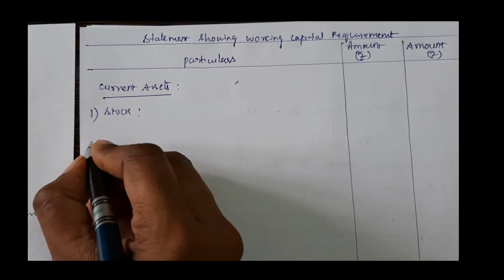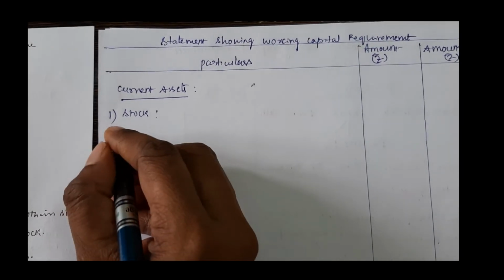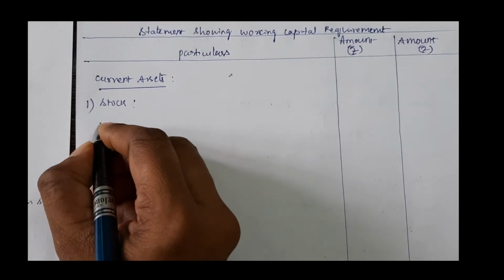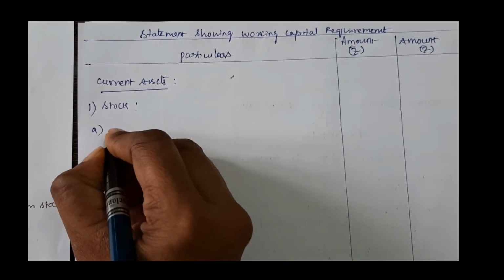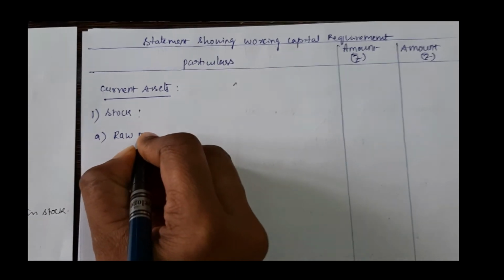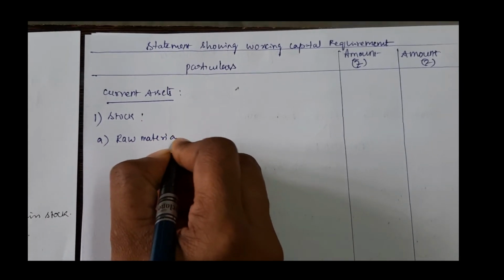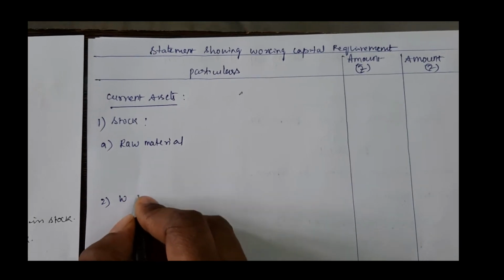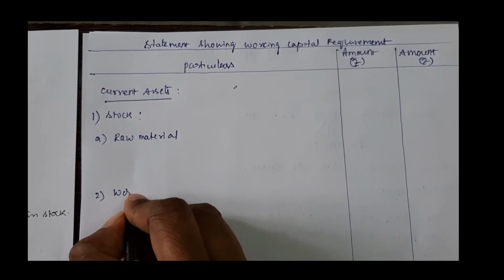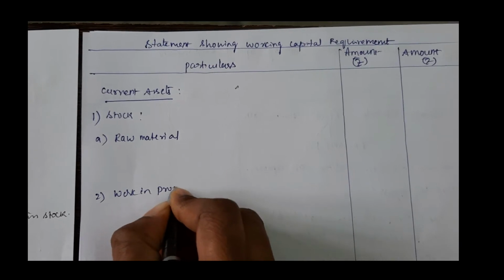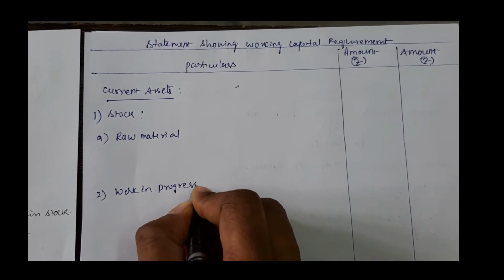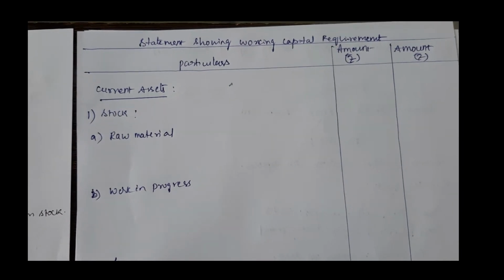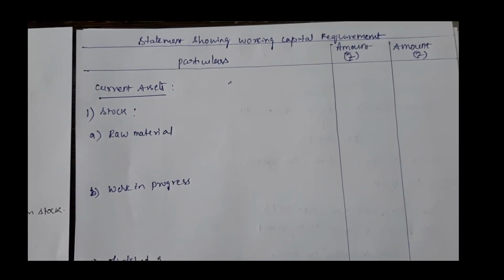Again, this stock is available in 3 ways. One is raw material, then work in progress, then finished goods.